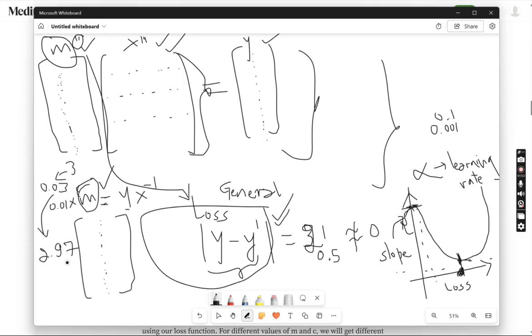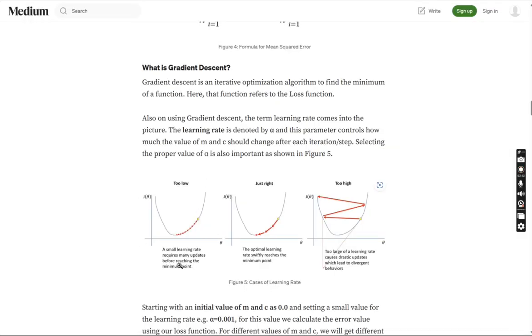It went from 3 to 2.97. I decreased 0.03 from 3. Likewise, I'll keep repeating this process. I'll keep on manipulating this m value until I get this loss as close to 0. So that is what gradient descent means.